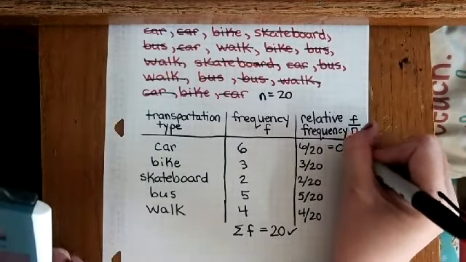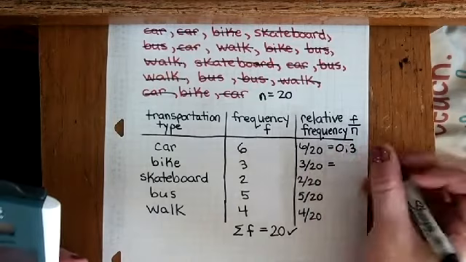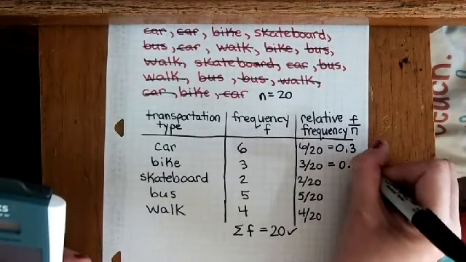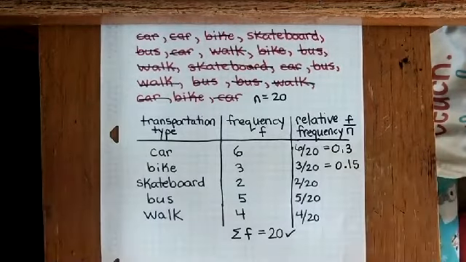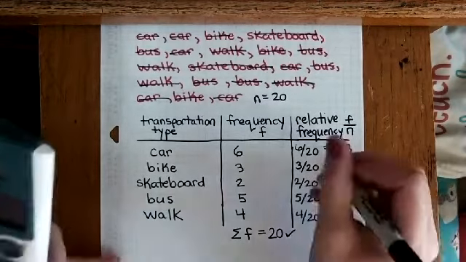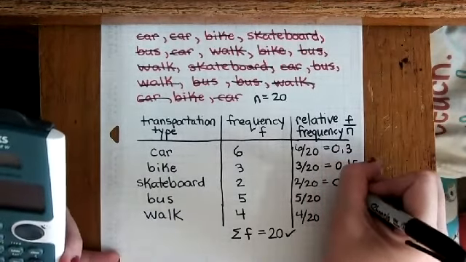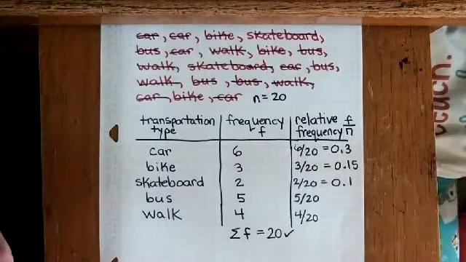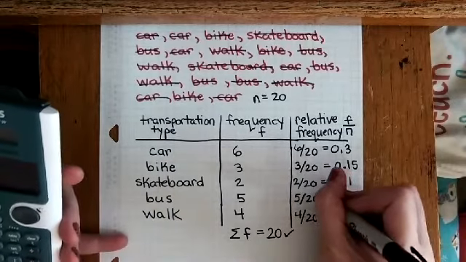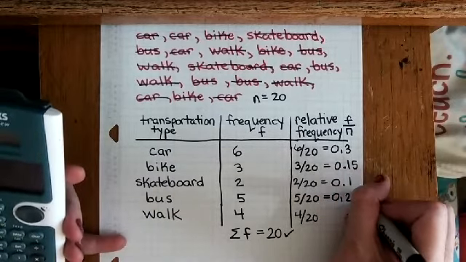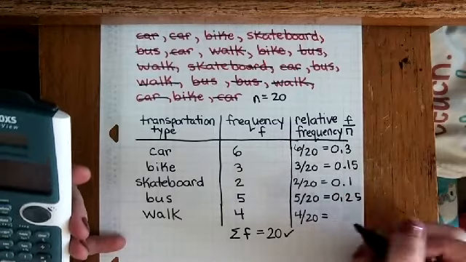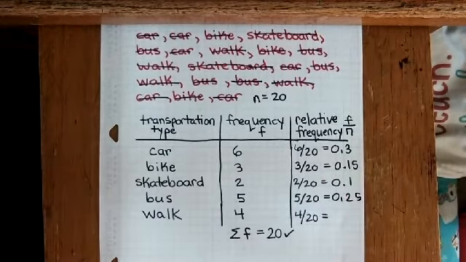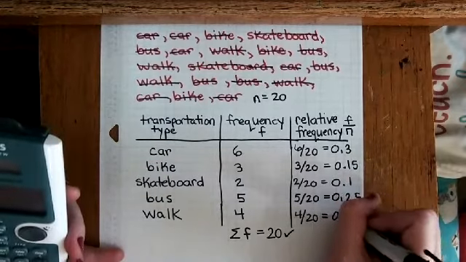We have 0.3, 0.15, 0.1, 5 divided by 20 is 0.25, and 4 divided by 20 is 0.2.